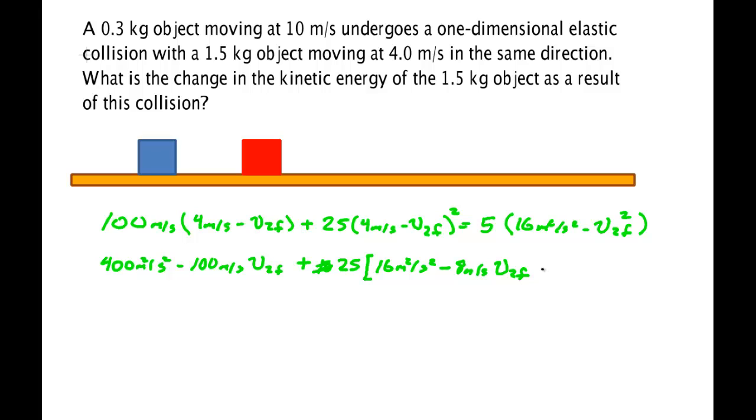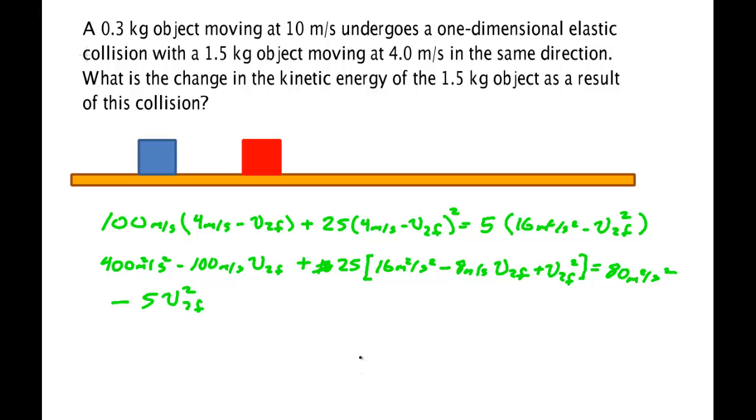Then we have plus V2F squared. And then we have 5 times 16, that's 80 meters squared per second squared. And last but not least, we have minus 5V2F squared.